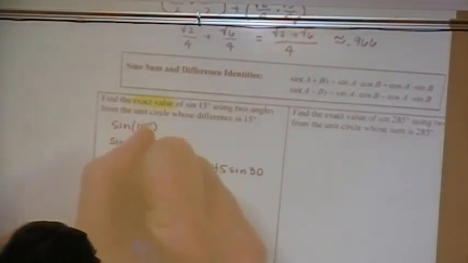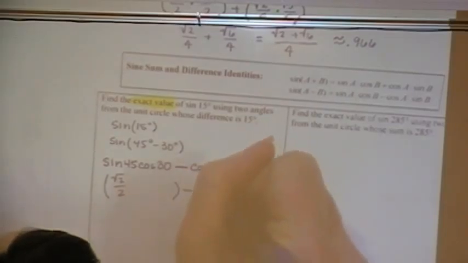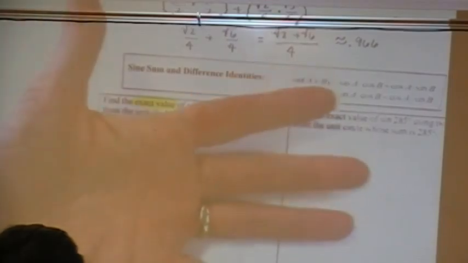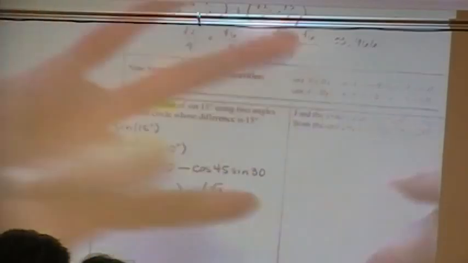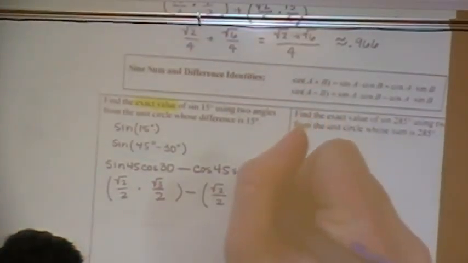Square root of 2 over 2 for both sine and cosine. But 30, which finger is that? This one. So my cosine value, let's do cosine first because it's on top, is square root of 3 over 2. My sine value is a half.